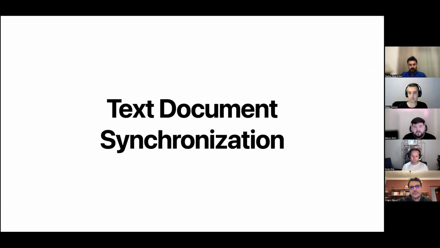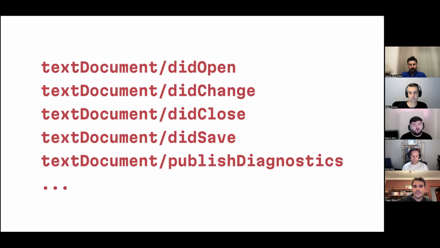But what we mostly care about is the text document synchronization. So whenever you open a file in your editor, or you save a file, or you close a file, your editor sends a notification request to the server to notify the server about the files that changed. So we, as the server implementers, can react to those events.